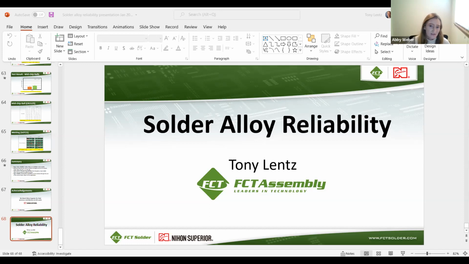Sounds good. If reflow peak is reduced 5 degrees, can this affect SIR reliability due to more unreacted flux residue under BTCs? That is a great question, and I think the short answer is yes.